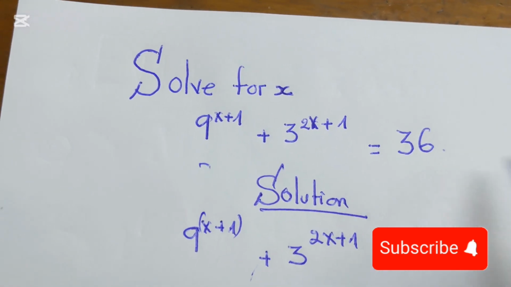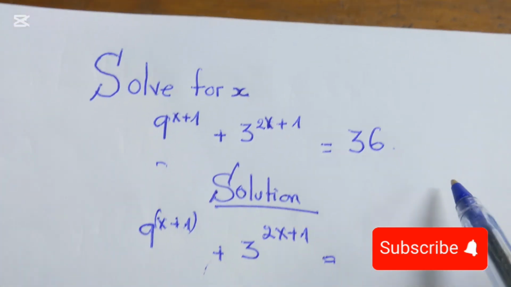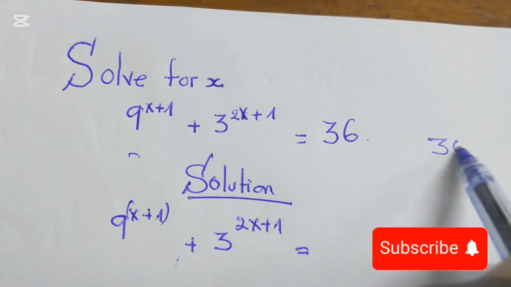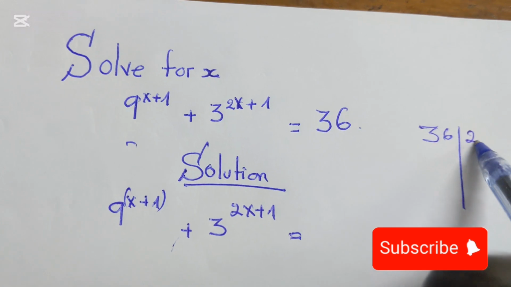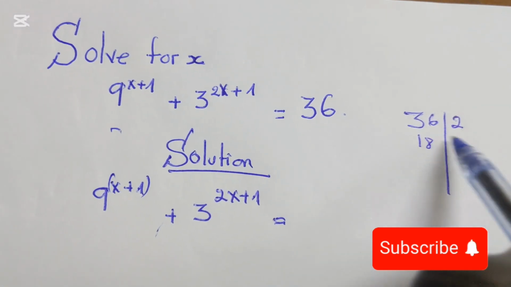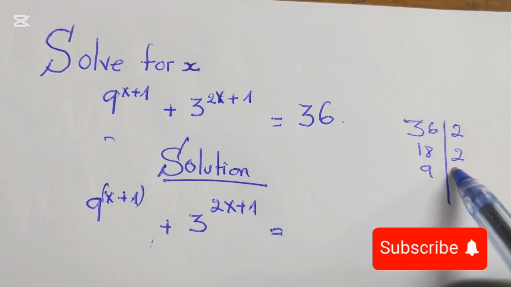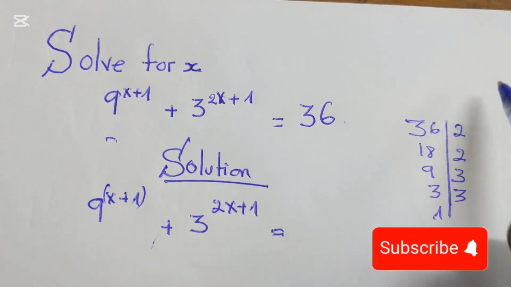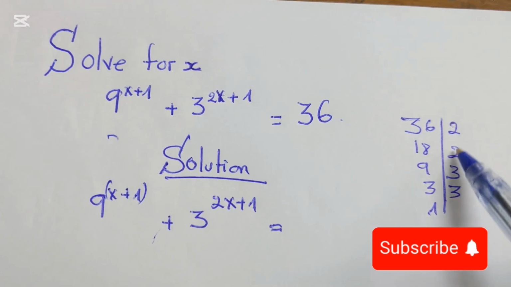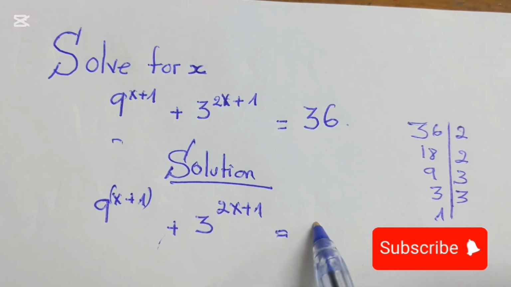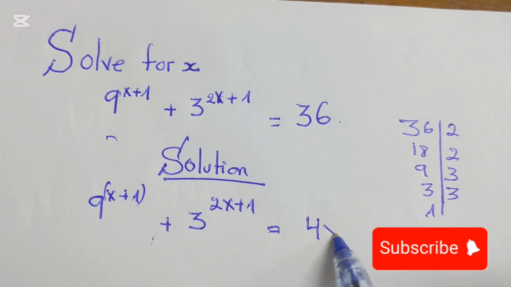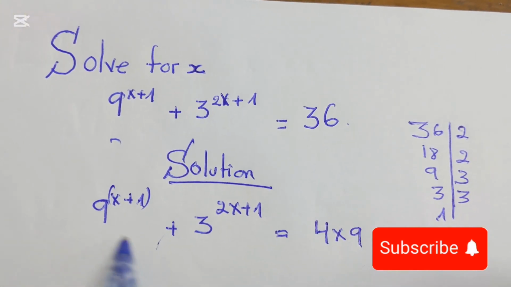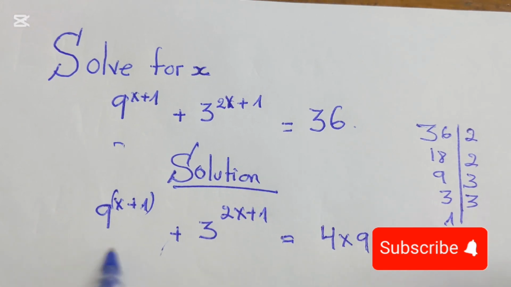Here 36, by finding its factors: divide by 2 to get 18, by 2 to get 9, by 3 to get 3, by 3 again to get 1. This means that we have 2 power 2, which is equal to 4 times 9.